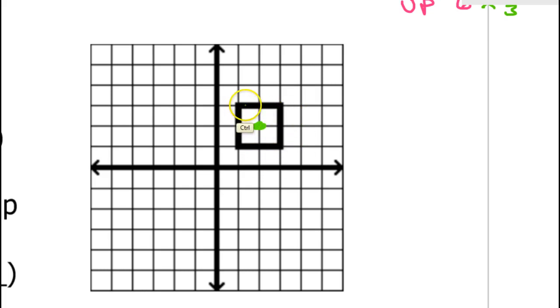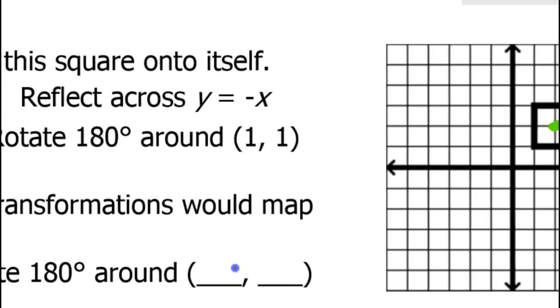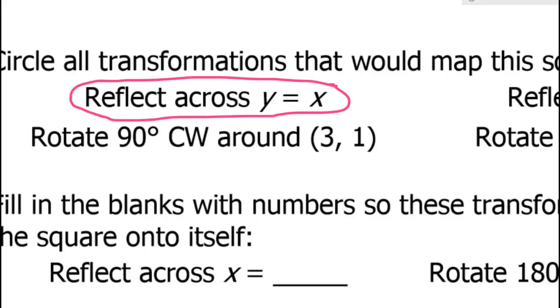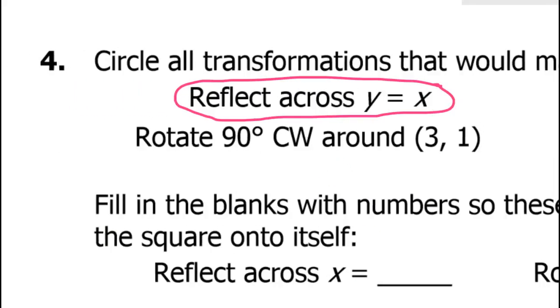Because the center is right in the middle of the square, no matter how I turn it, the square is going to still look the same. But they never said 2, 2 as a rotation point. All right, so moving on.